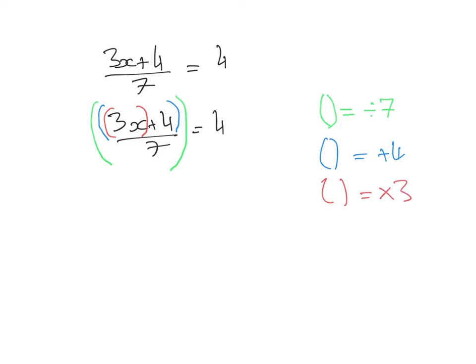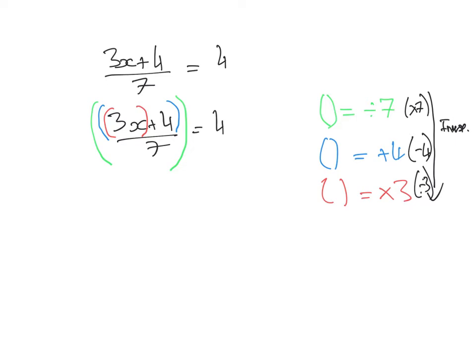So to solve this, we have to go from the outer to the inner, doing the inverse. So the inverse is times by 7, take away 4, divide by 3. So that's one way to look at this.